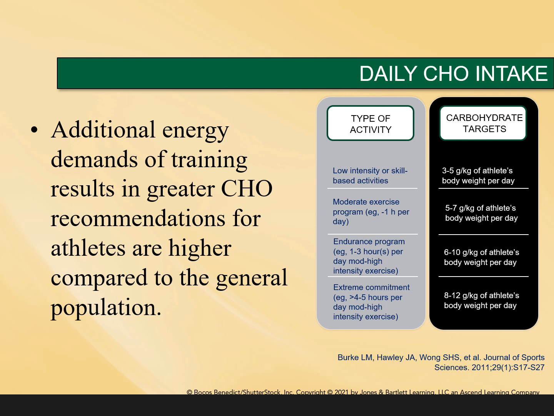The amount that should be consumed, and this is from that chart that we looked at earlier in the previous presentation, the carbohydrate targets and the type of activity. For long, extreme activities over 4 to 5 hours, we're looking at 8 to 12 grams per kg of body weight.